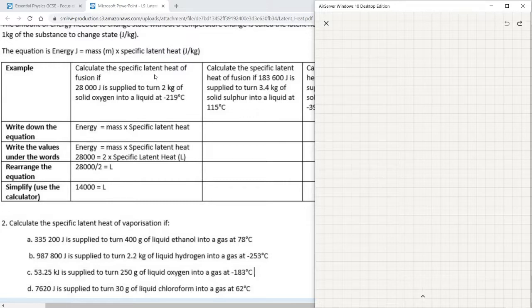So the question tells us the amount of energy, 28,000 joules, and it's asking us for the specific latent heat of fusion. So we're also given the mass, 2 kilograms, so it equals 2 kilograms times our specific latent heat.